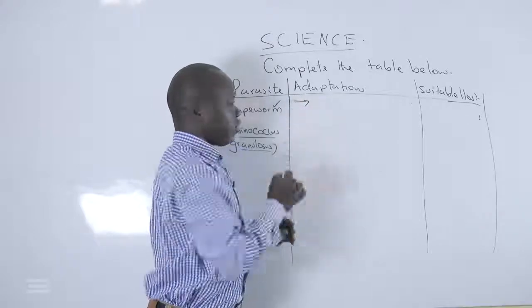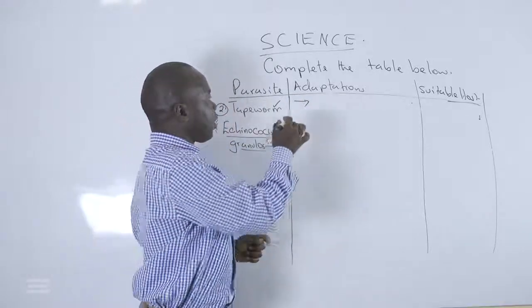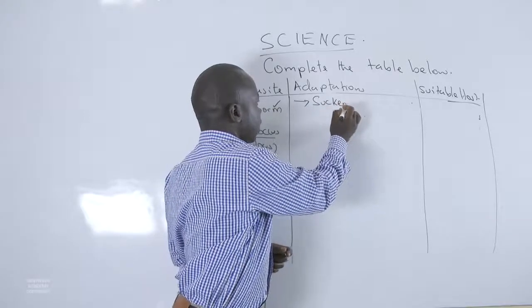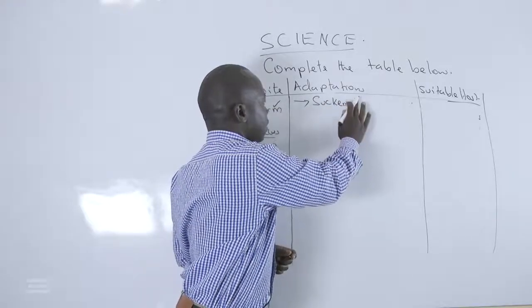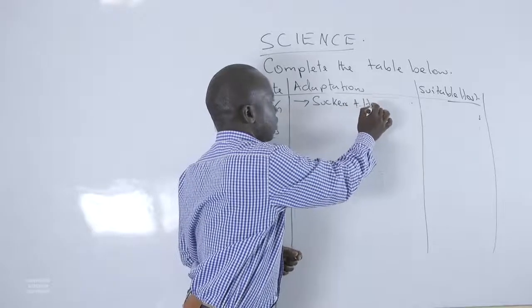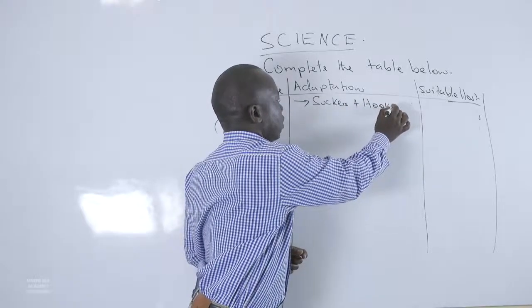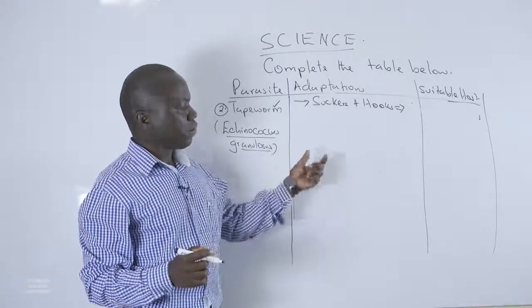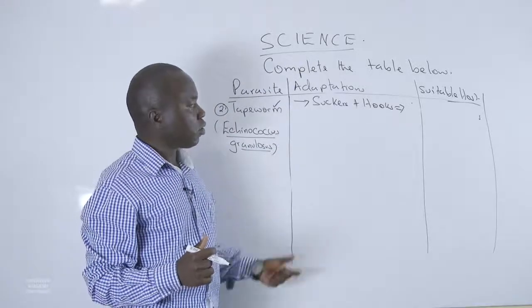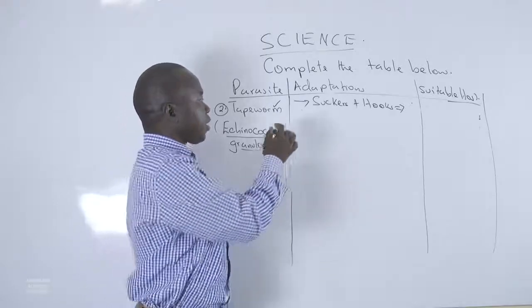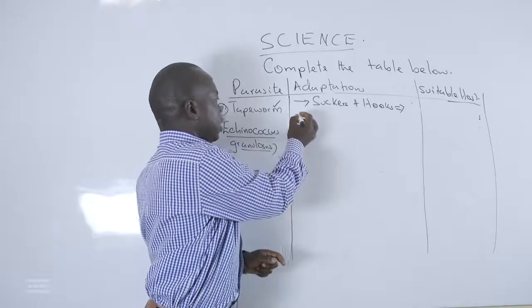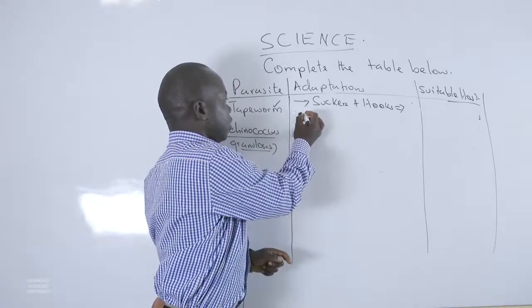So some of the adaptations of the tapeworm include having suckers and hooks. The suckers and the hooks are important. They are found in the head region of the tapeworm. They are important for attachment, especially the hooks.